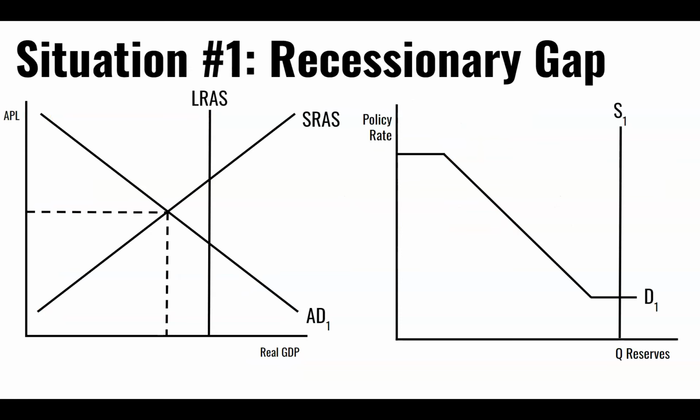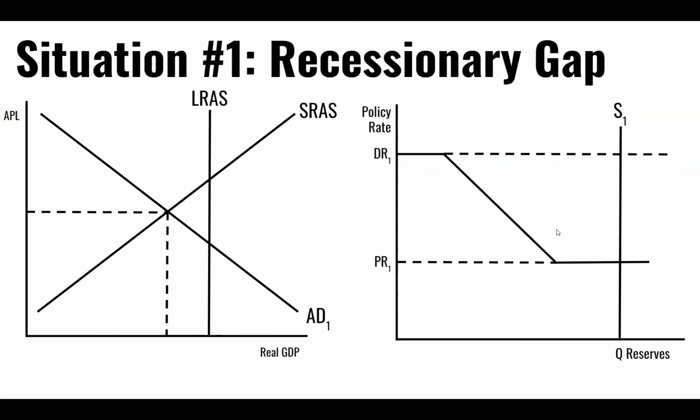So let's look at how the Federal Reserve in an ample reserve system would address a recessionary gap. Again, in a recessionary gap, we have output less than long run, which means that the Federal Reserve would like to see aggregate demand shift to the right. In order to get aggregate demand to shift to the right to increase consumption and investment spending, the Federal Reserve will want to lower interest rates.